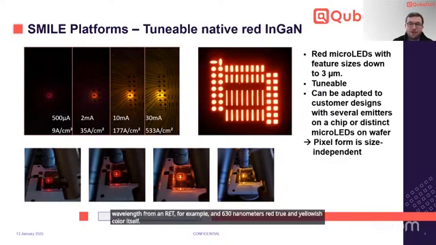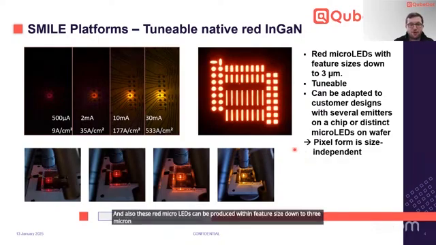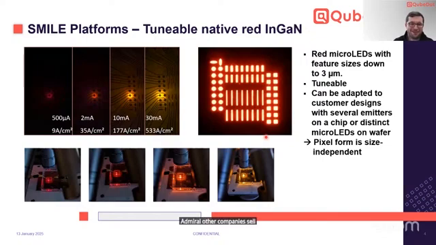Also these red micro-LEDs can be produced with a feature size down to 3 micron and different aspect ratios, as you can see here on the top right corner. Other companies sell this as dynamic pixel tuning. For us, it's just a nice feature that we can additionally add.